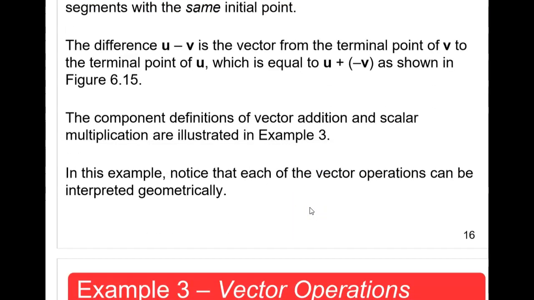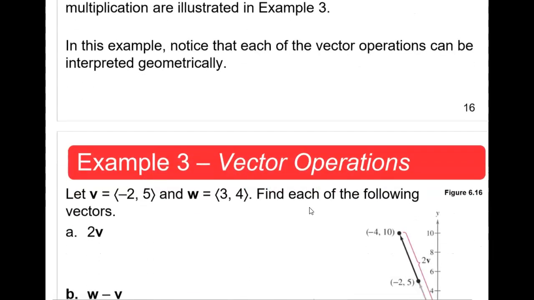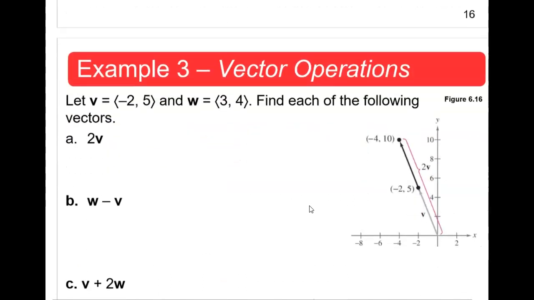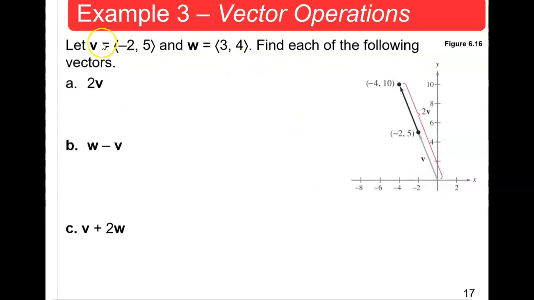And in this example, you will notice that each of the vector operations can be interpreted geometrically, as we were trying to show you earlier. So we have two vectors here, vector v and w.